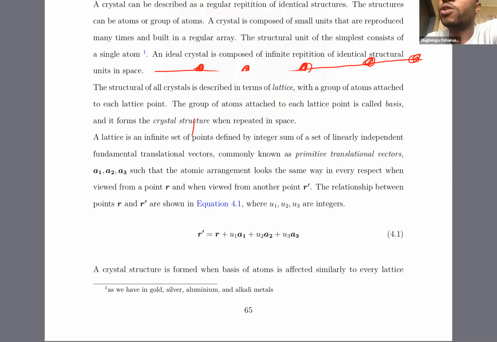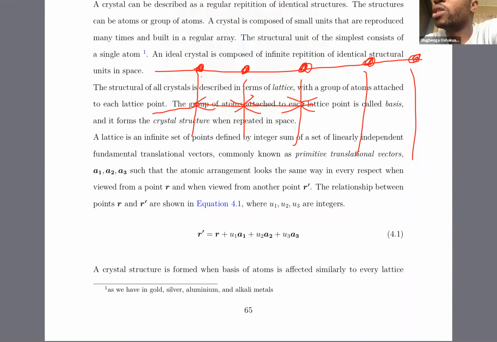From this point to this point is called the lattice parameter. The distance between these points is also equal to the distance here. That is what makes it a crystal lattice. The distance of separation between each of the atoms is the same, and is called A, the lattice parameter.